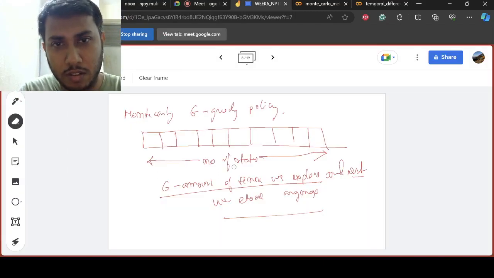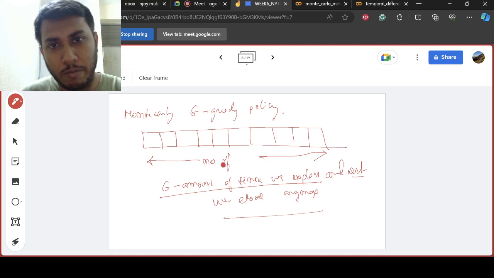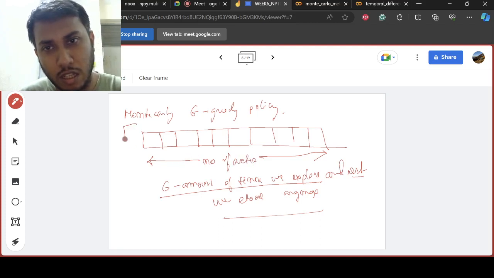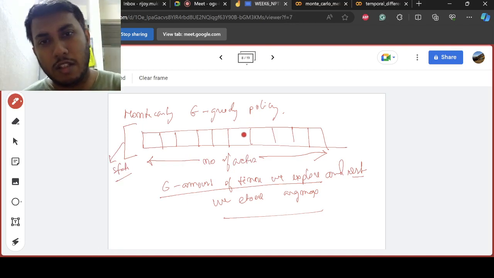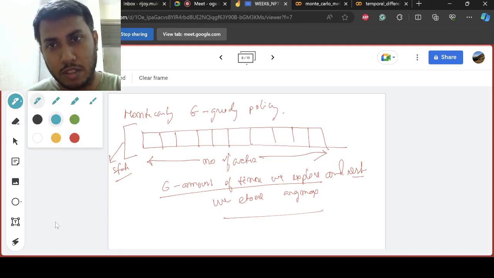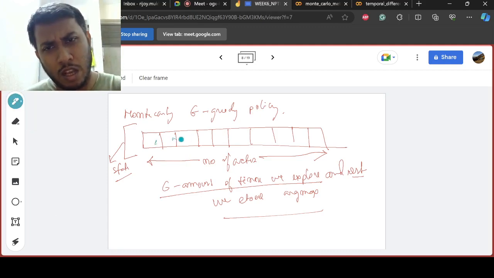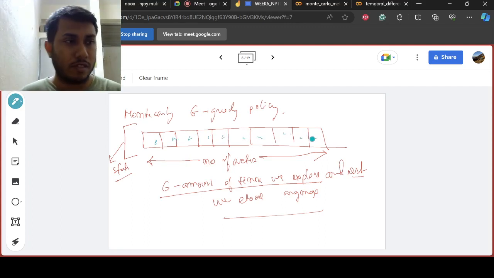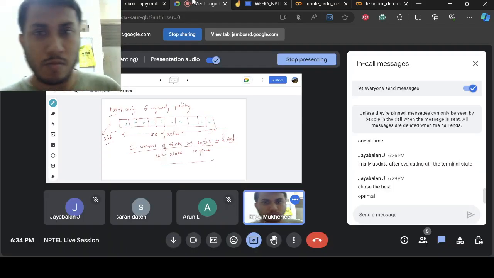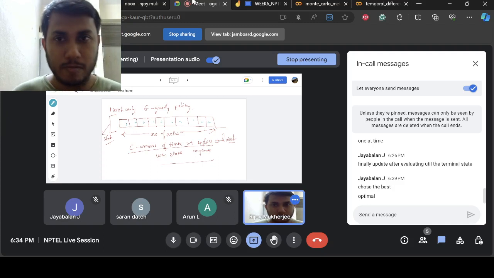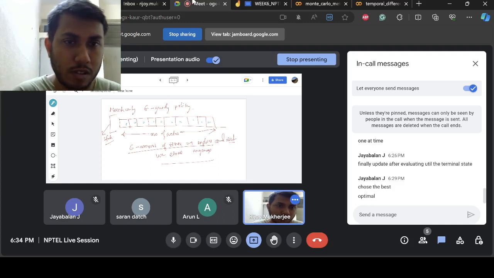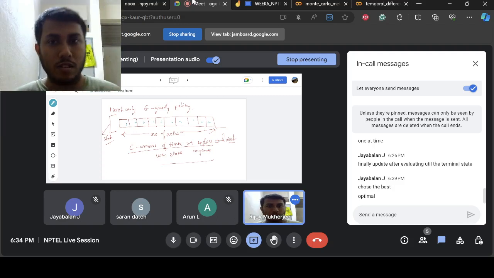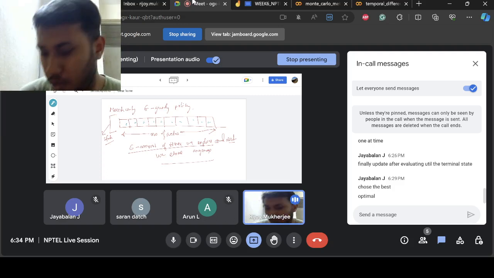Let me just rewrite it. Number of actions, and this is a state, right? So here everything will have some q attached to it. So how are you going to do it?